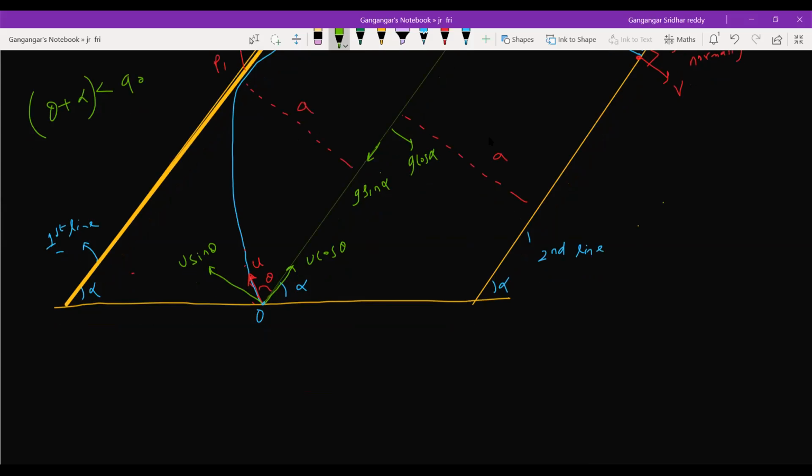Okay, let's write from O to P1, as it moves from O to P1. I'll proceed with the mathematics now. Isn't theta the angle of projection? Yeah, with respect to incline.